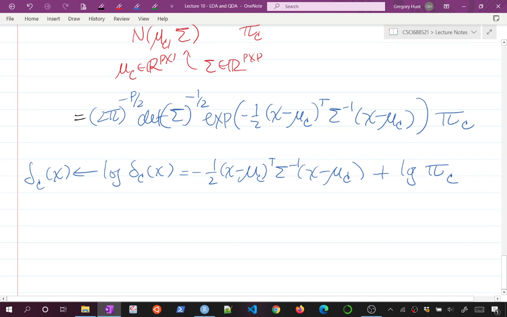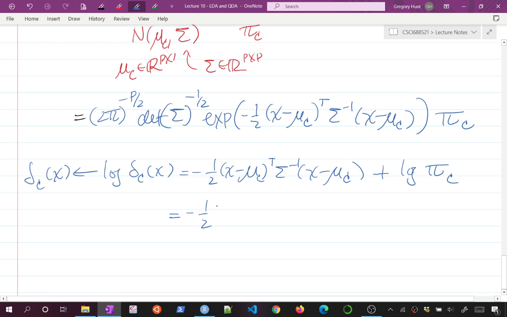What do I want to do? Well, I'm just going to basically distribute this, square this whole thing out. This might be a bit messy. We'll see. So let's square this whole thing out. There's going to be a lot of cross product terms, but let's just do it one step at a time. So we have negative 1/2 there. I can distribute my sigma inverse through, and I can also distribute my transpose through.